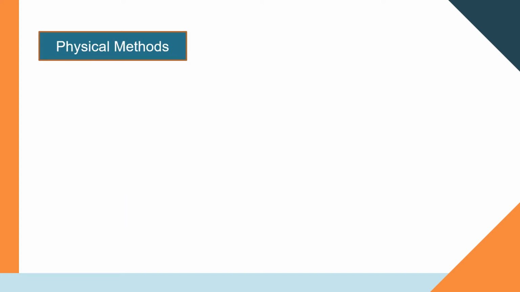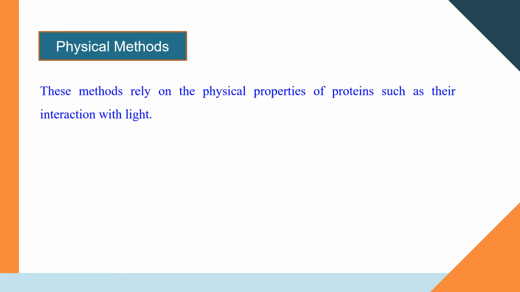Physical methods, as the name suggests, are methods that make use of the physical properties of proteins, like the interaction of proteins with light. However, those methods aren't used in the dairy industry. They also aren't used in dairy research.